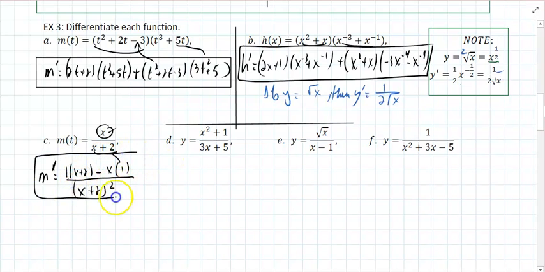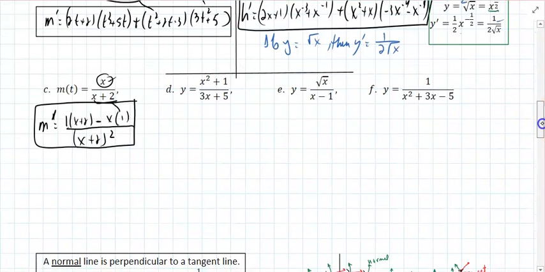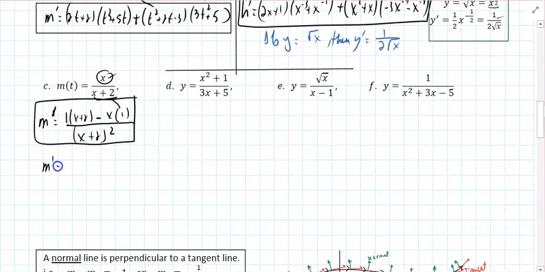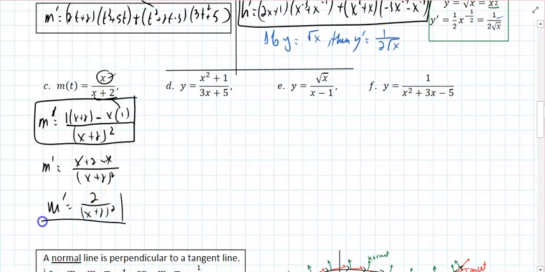On a test, this is all I want for now. If you clean it up, that is x plus 2 minus x over x plus 2 squared. The derivative would be 2 over x plus 2 squared. Until you learn about the chain rule, this is the only way of doing such problems.